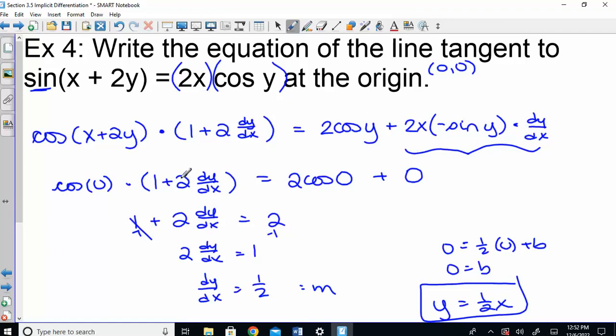Yeah, but in the parentheses. Okay. Yeah, sorry, I turned this into a 1 times that. Kind of skipped a step there. Is that okay?